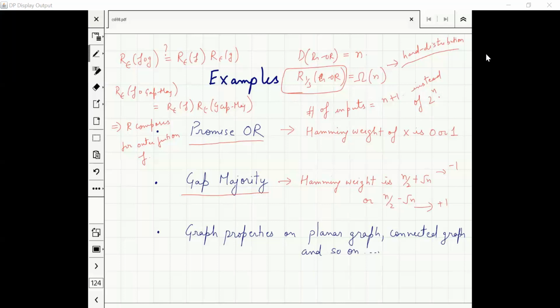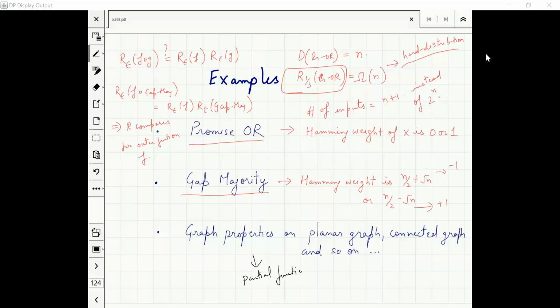Given a connected graph, the number of triangles should be at least this much, or things like that. All those statements are like that. Given a planar graph, given a connected graph, that means you are given a special kind of input, a promise, which makes them automatically partial functions.